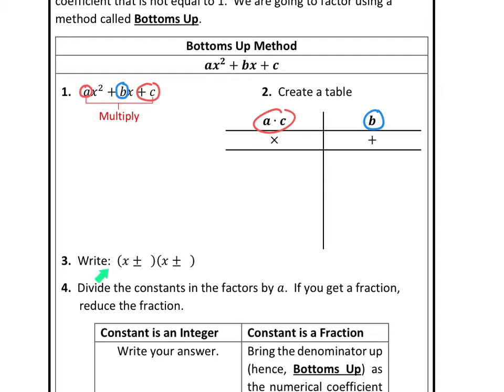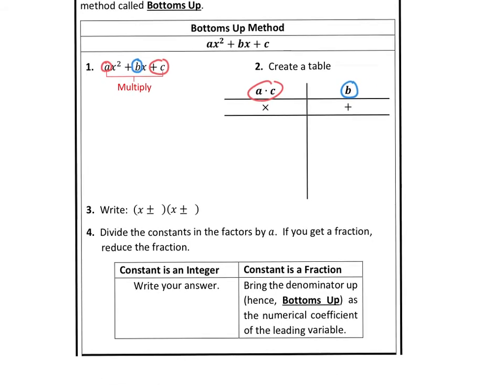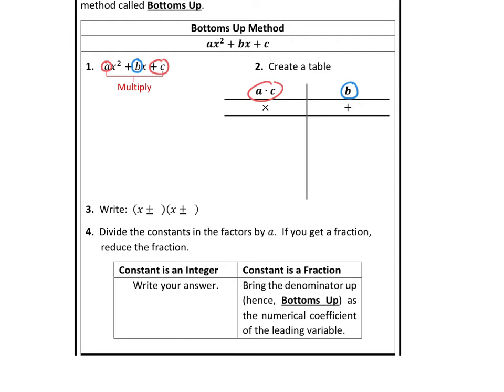The only difference is that we're going to divide the constants by a factor of a. If you get a fraction, then you reduce that fraction, and it'll make more sense once we start working on examples. So there's two situations. If you can divide, then you leave it as a constant and write the answer that you get.